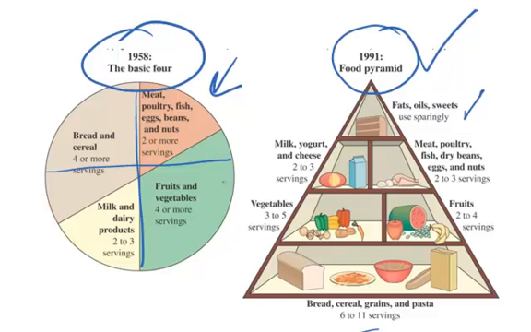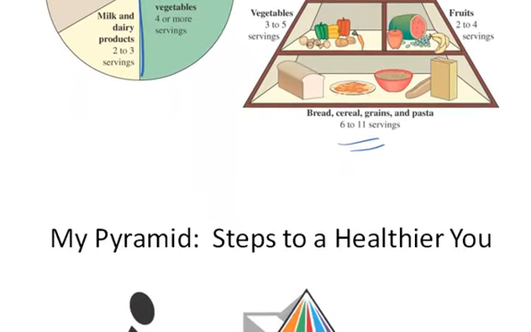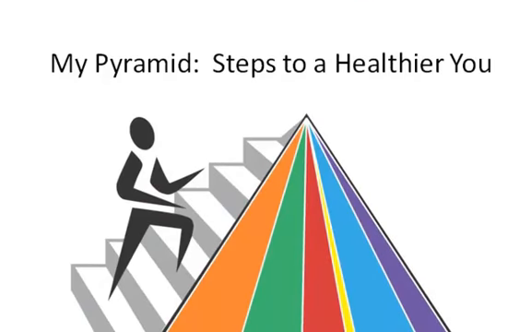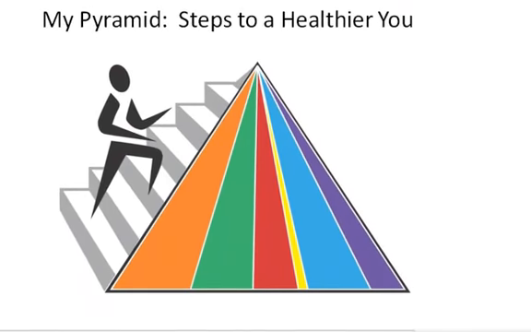Now there's a new food pyramid that's been introduced, and it's called MyPyramid, and it looks like this. The slogan is MyPyramid Steps to a Healthier You. In this particular pyramid, you'll notice that there's no mention of food groups or the amounts of food groups.